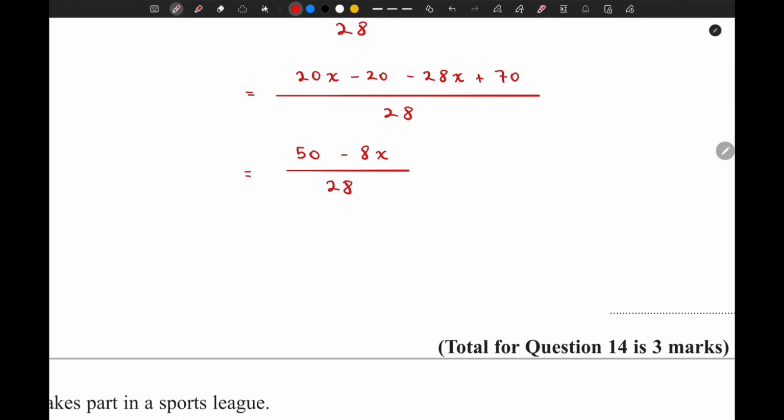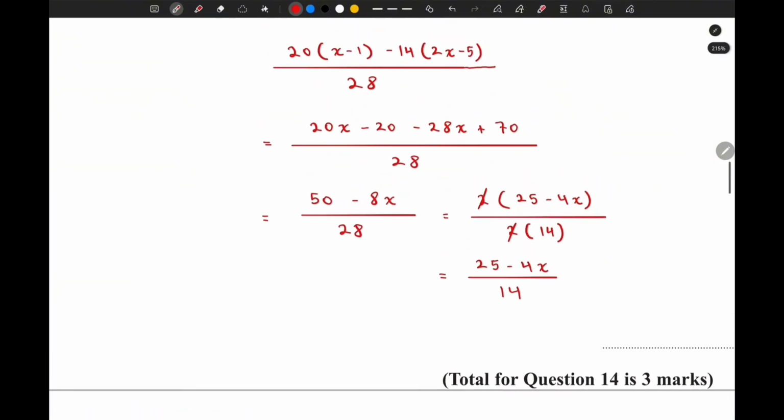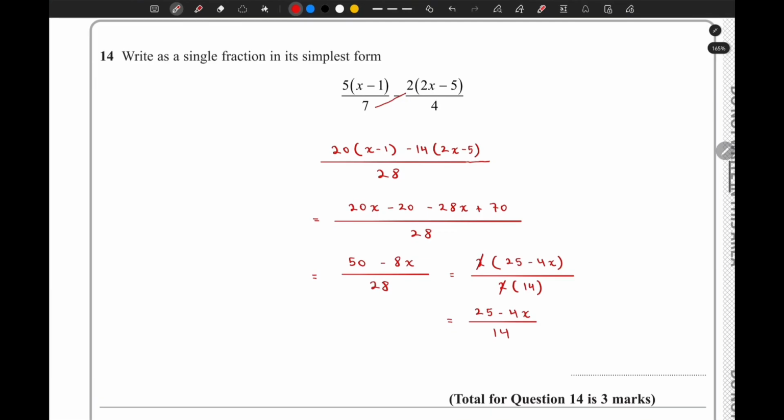And then we can simplify this further. If we take 2 common from the numerator and the denominator, this gives us 25 minus 4x divided by 2 times 14, and then we can cancel out these two. So finally we have 25 minus 4x divided by 14, and we cannot simplify this further. So that is the answer to this question.